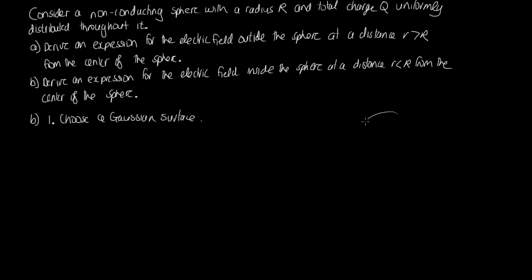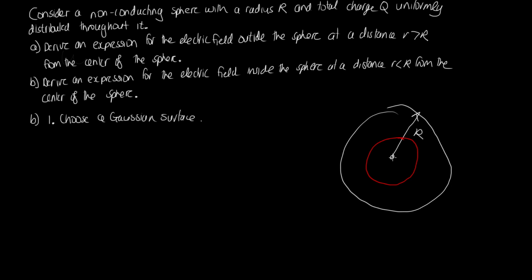So once again, we've got a sphere of charge with a radius capital R, only now we're looking at what happens inside. So our Gaussian surface is going to need to be inside this sphere, and we need to exploit as much symmetry as possible. So once again, we're going to choose a spherical Gaussian surface, and it'll have a radius little r like that.